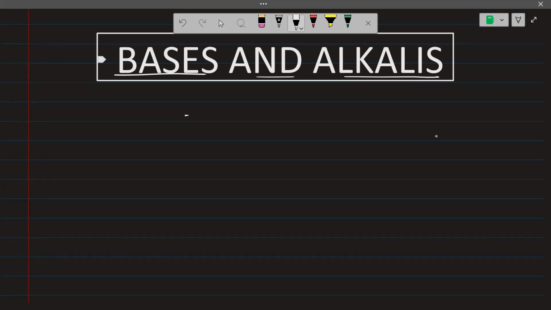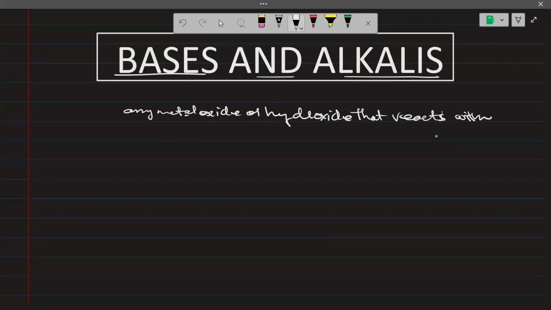Base is any metal oxide or hydroxide that reacts with an acid to produce salt and water. So that's the definition of a base.